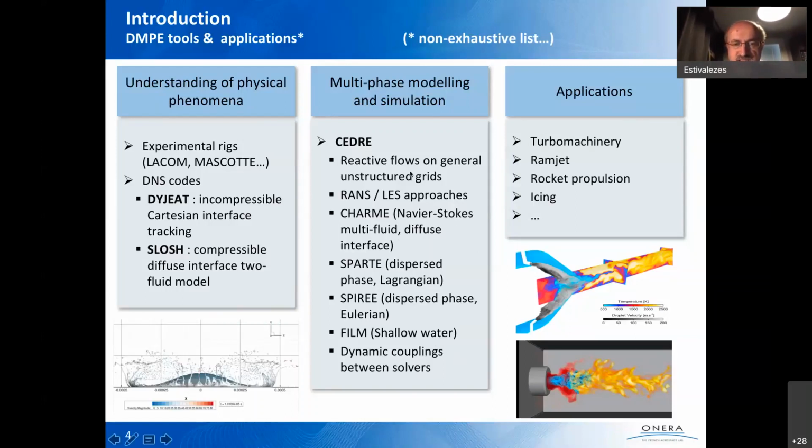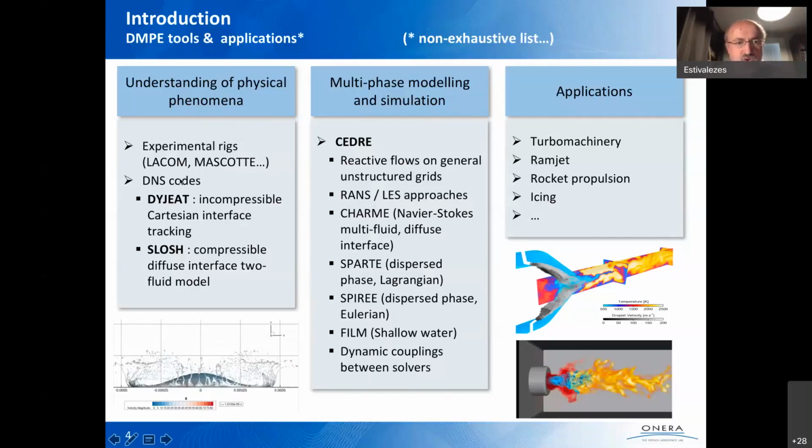But this is a very general solver, but unlike the DNS one, it is more rough, I can say, on the type of result you can give, because it's generally based on RANS, Reynolds-averaged Navier-Stokes equations, or LES approach, for large eddy simulation.